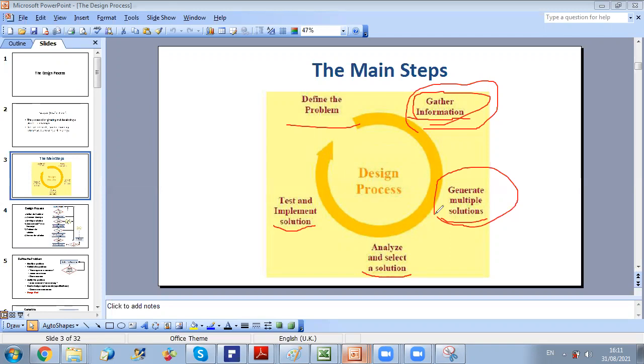Now, next we move to the step of the analysis and the selection of the solution. Once you have conceived alternative solutions to your design problem, you need to perform the analysis of these solutions. And then you will decide which solution is best for your design project.